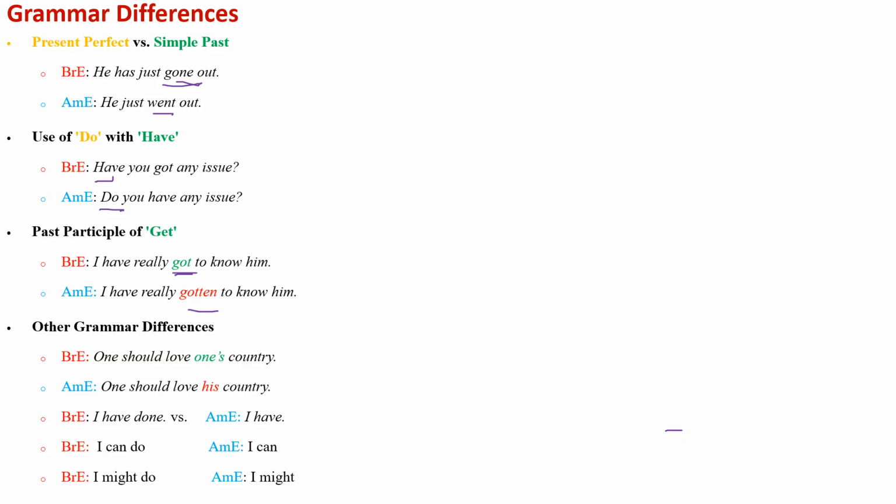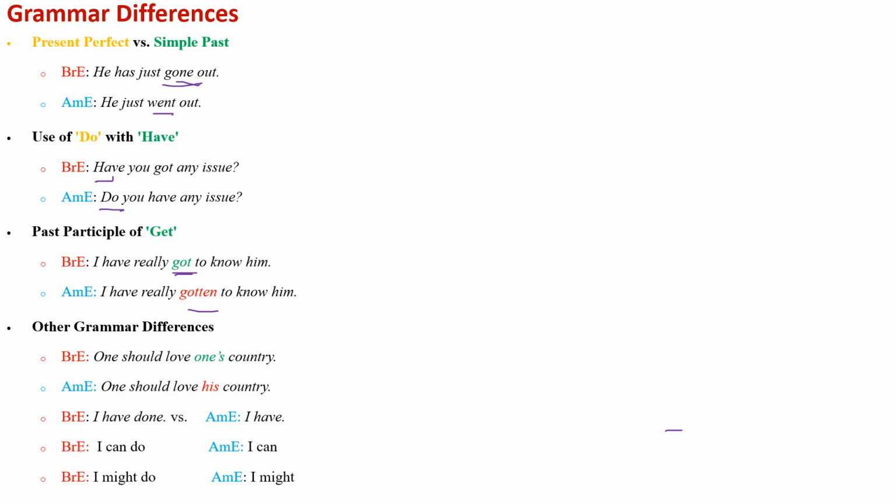For example, in British English: I have really got to know him. In American English: I have really gotten to know him. So gotten is in American English, and got as the past participle of get is in British English.